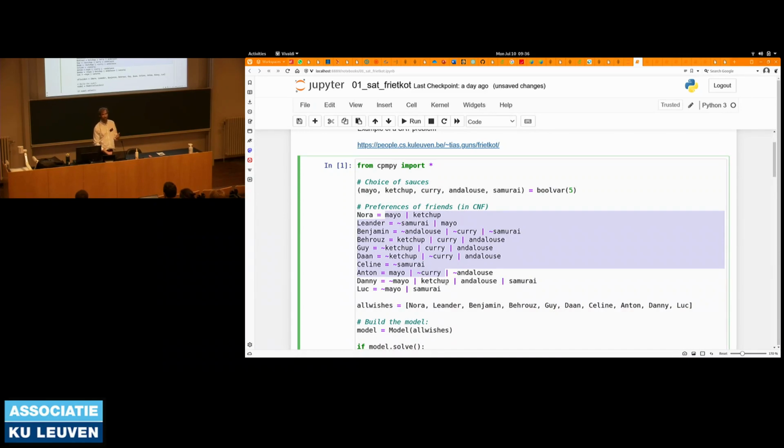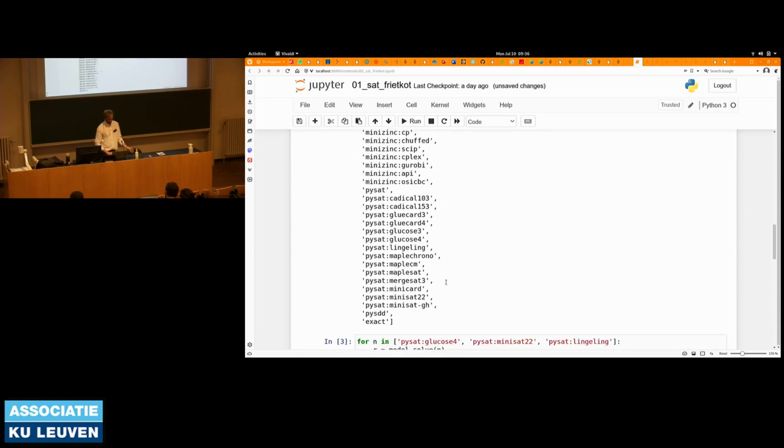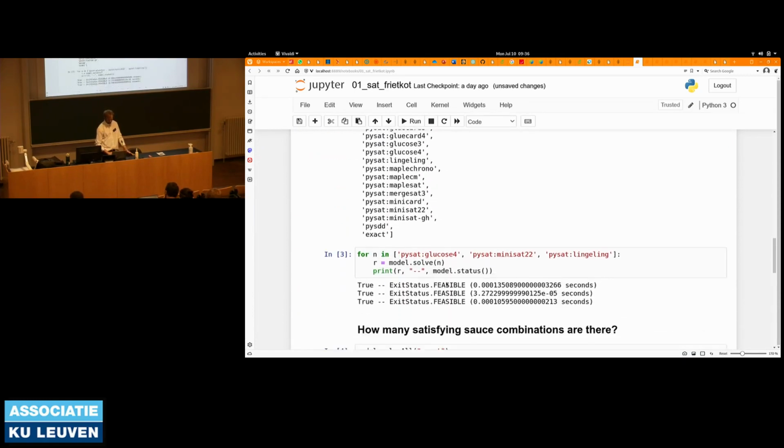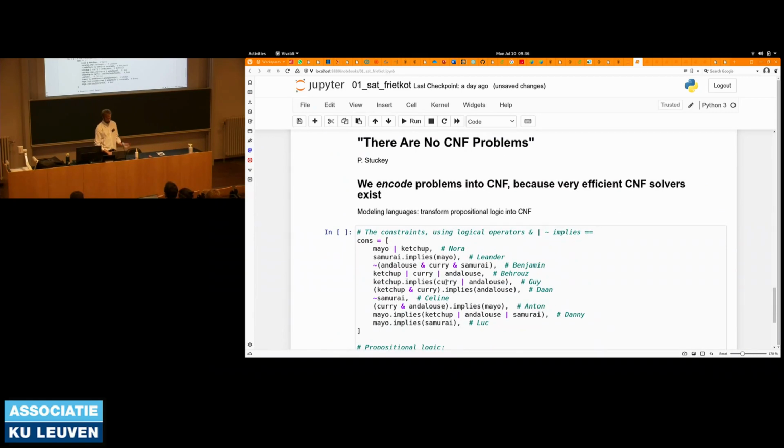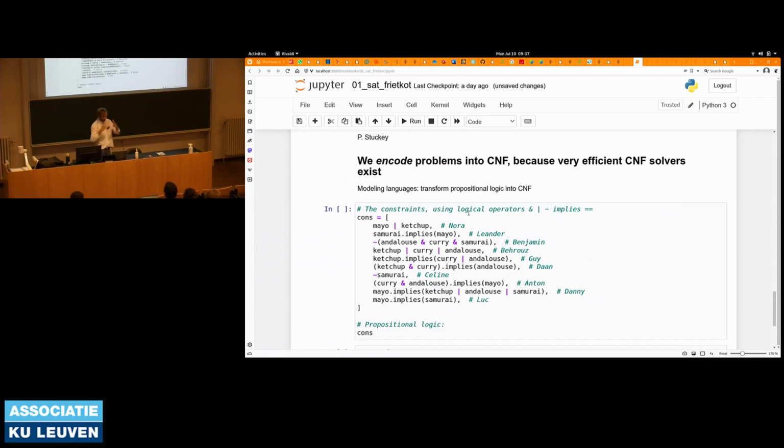So if you want to formulate problems close to how you are solving them and perceiving them, you want to be able to use more expressive formalisms. For example, just standard propositional logic, where you don't just have a disjunction, but you can also use conjunctions, negations over sentences, implications, equivalences, and so forth.